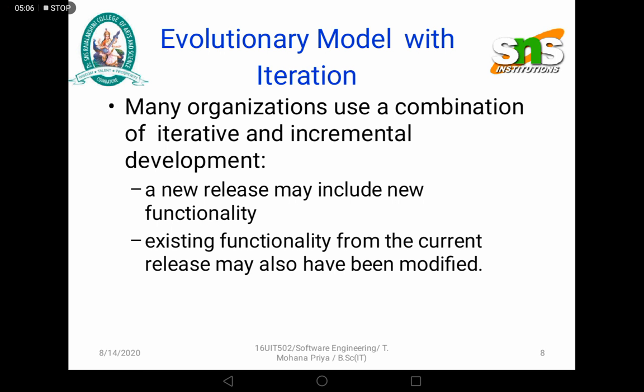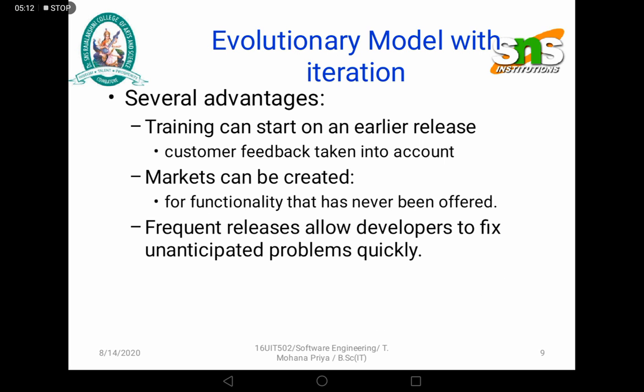A new release may include new functionality, and existing functionality from the current release may also have been modified. Another advantage of the evolutionary model: when the customer uses the previous release that was already given, he might face some problems with the product. That feedback is given to the development team.